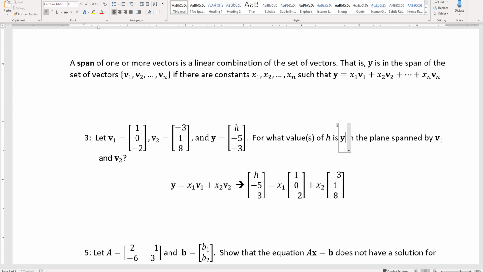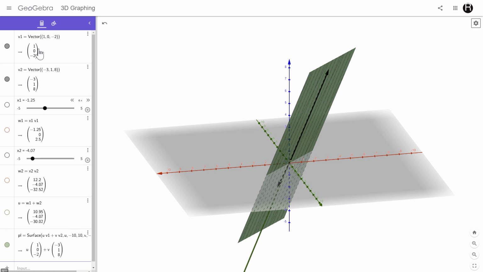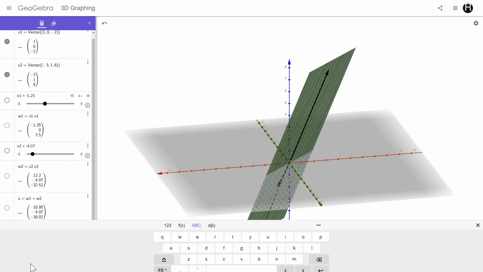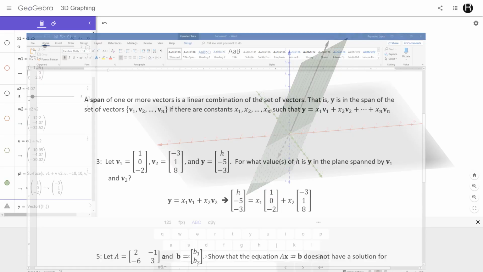Well, the example that we had already uses v1 and v2. So v1 is 1, 0, -2, and v2 is -3, 1, 8. So let's throw in our y vector, and let's throw in that parameter that they had, h. And the other two numbers are -5 and -3.